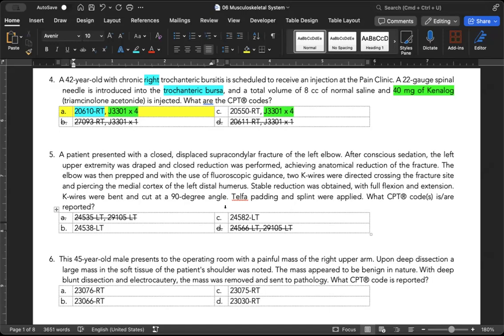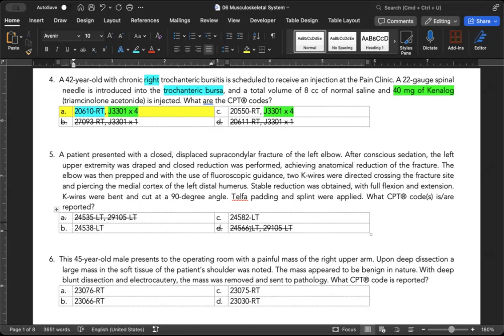Okay. So you think it should be 24582. Does everybody agree it should be 24582? Or what does everyone else think? Okay. Don thinks it should be the 38. Okay.